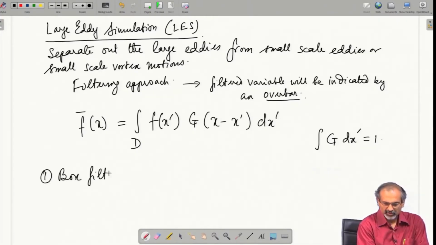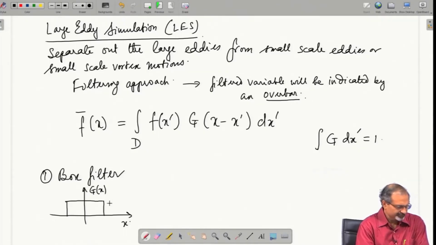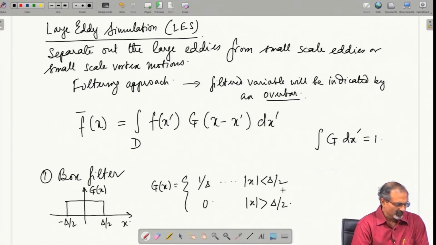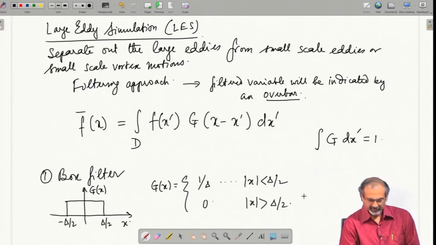There are different kinds of filters which you can think of. One of the most common types of filters is what is called a box filter. If you look at its nature, it is like this. It is often called a top hat filter also.